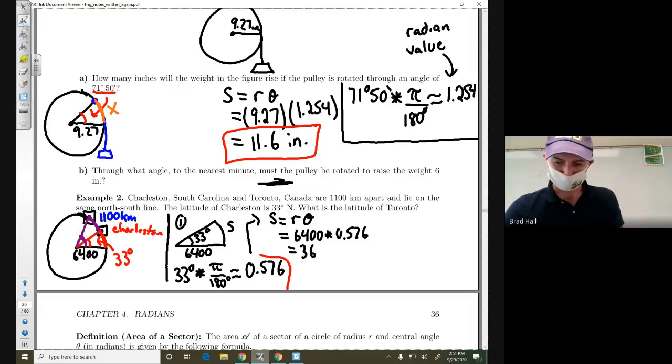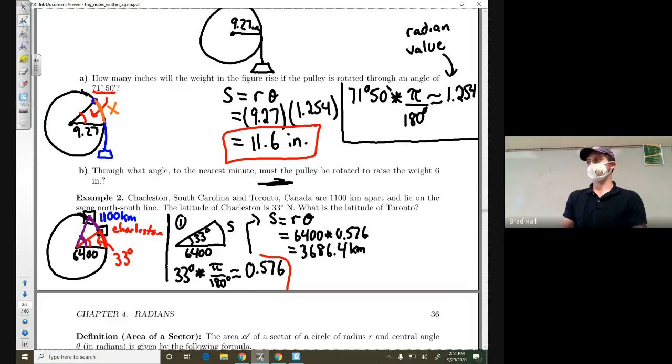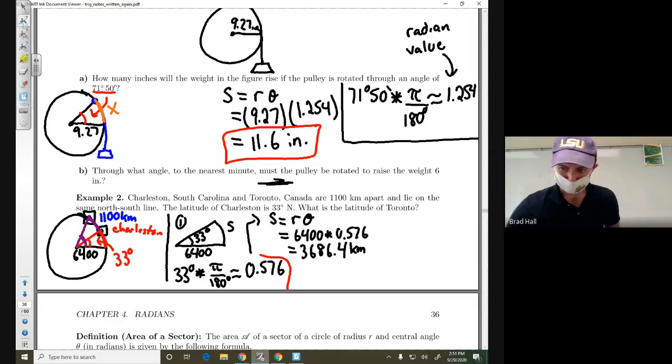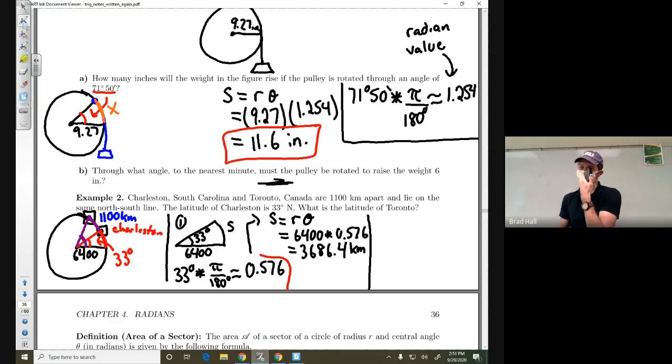That's 3,686.4 kilometers. So we found the arc length, which is a length. It's not a degree, it's a length. So what this first quantity represents is the distance from the equator, relative to the same north-south line, to Charleston only.